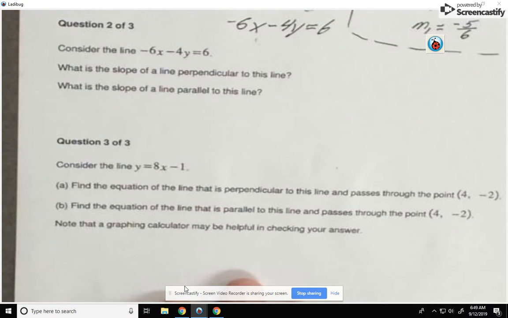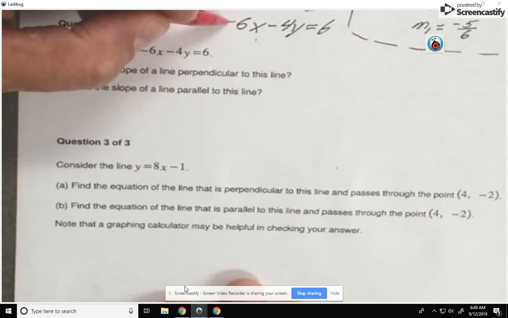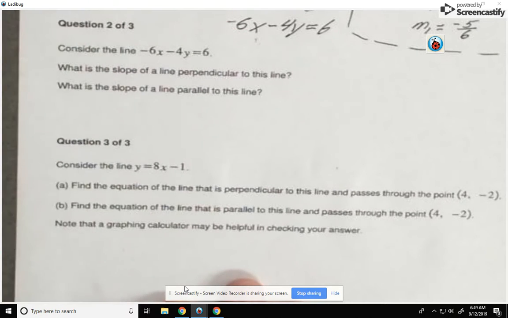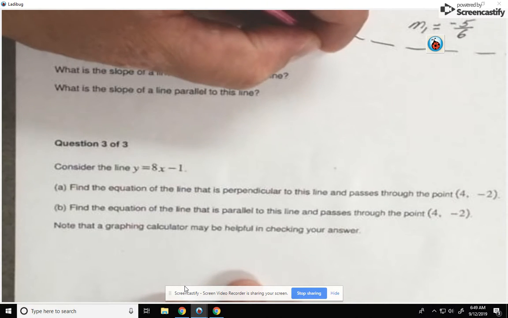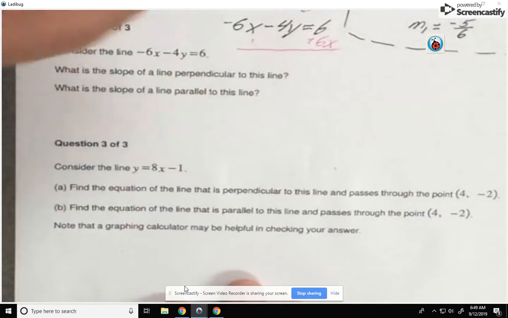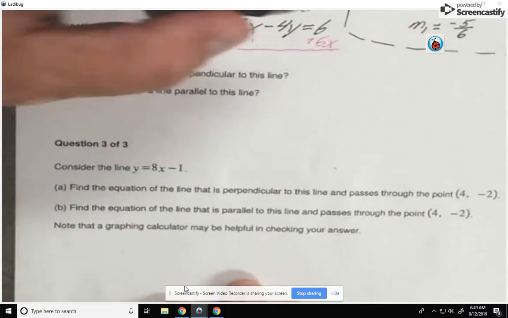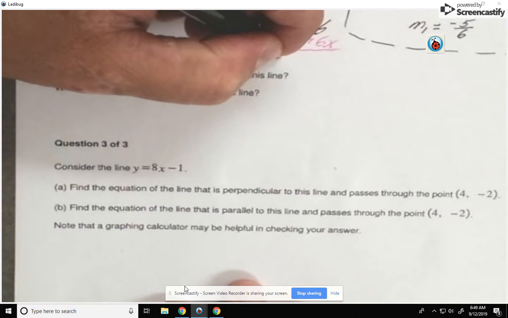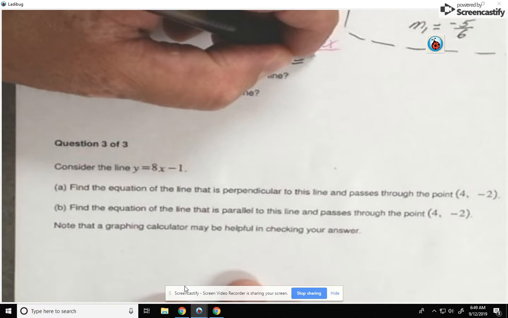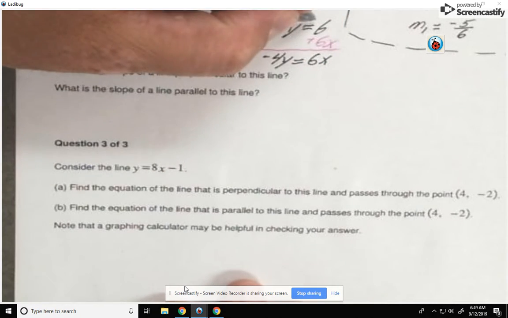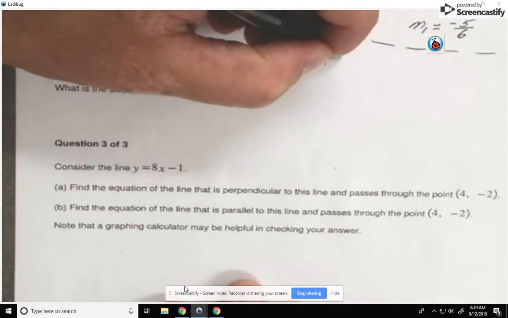Since we have a -6x here, we would add it to the other side. So if we add that to the other side, we're going to have our -4y equals 6x plus 6.